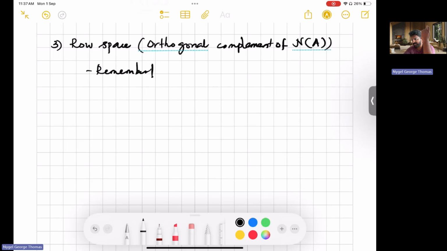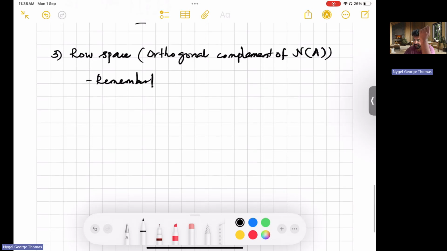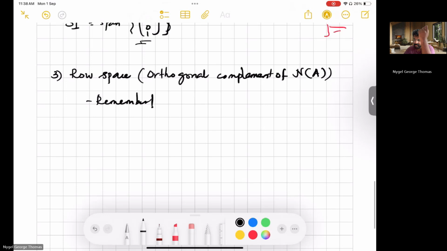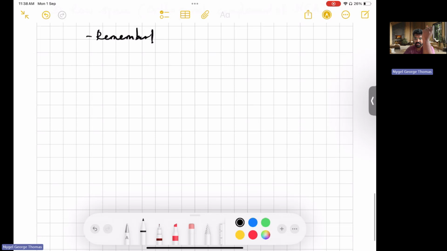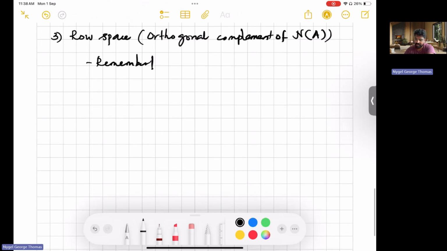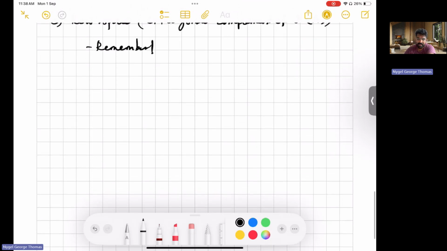They're Rn dimensional vectors, right? So we've looked at the orthogonal complement of the null space of A. So what will be the dimension of vectors which are actually spanning the row space? It's again Rn dimension. So that is something you have to take care of, because it's an orthogonal complement of the null space of A.